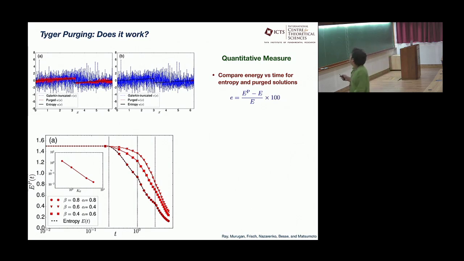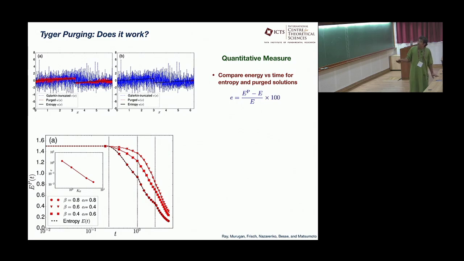As a quantitative measure for this, we calculate the relative error between the total energy of the purged solution and the entropy solution. So here, for example, we are plotting the total energy as a function of time. The black line here is for the entropy solution. The different red curves correspond to different choices of alpha and beta.